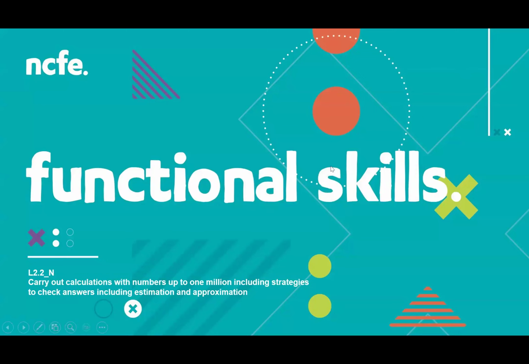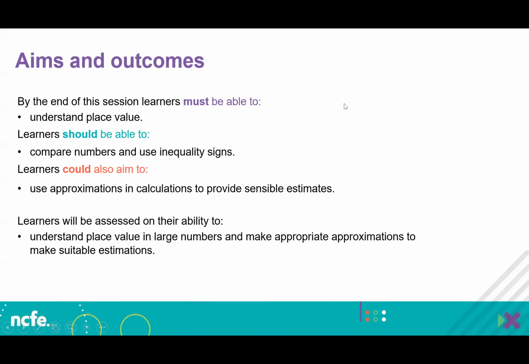So today, we're carrying out calculations with numbers up to 1 million, including strategies to check answers, including estimation and approximation. By the end of this session, learners must be able to understand place value. Learners should be able to compare numbers and use inequality signs.